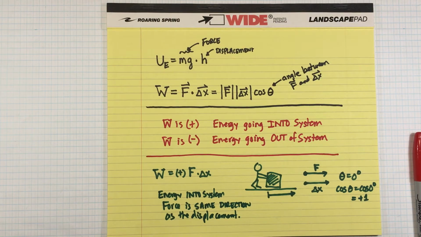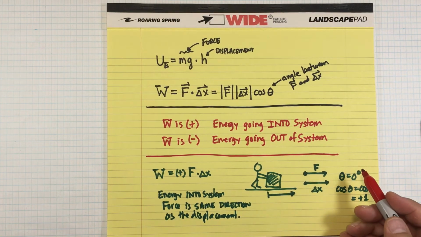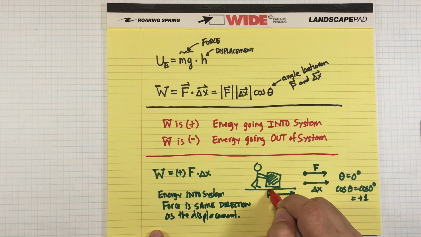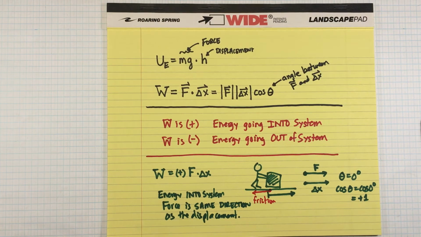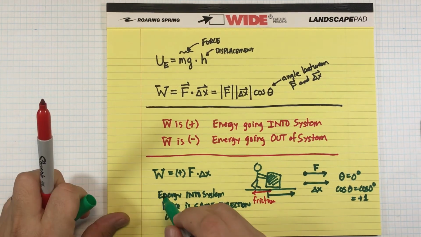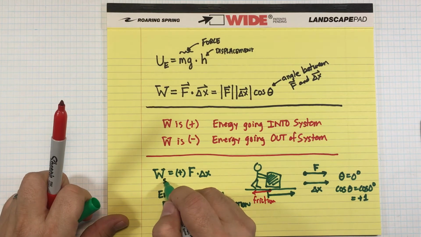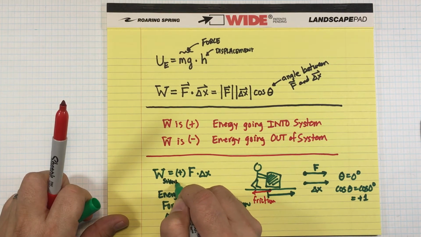Okay? Now, there's another force involved here. When the box is sliding, I'm pushing it across the floor, but friction is acting against me. So in this case, I might ask, up here, I would have called this the work that I did on the box.